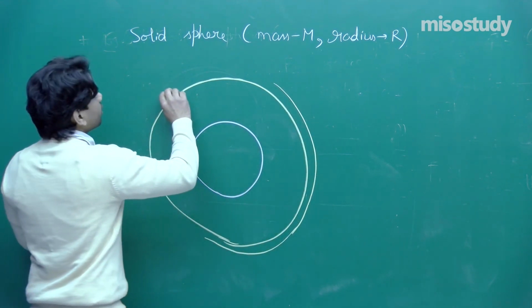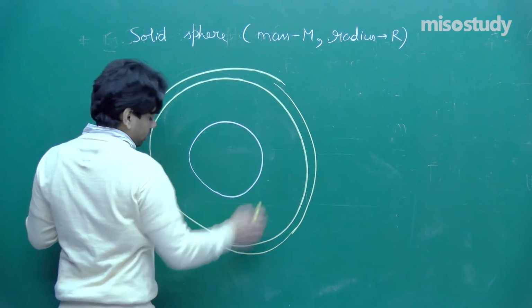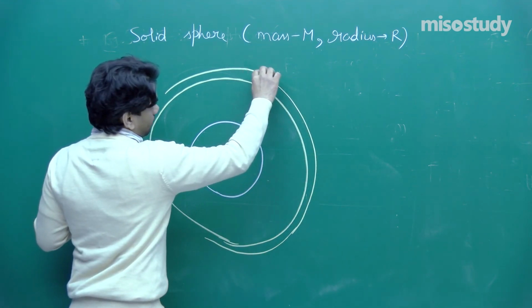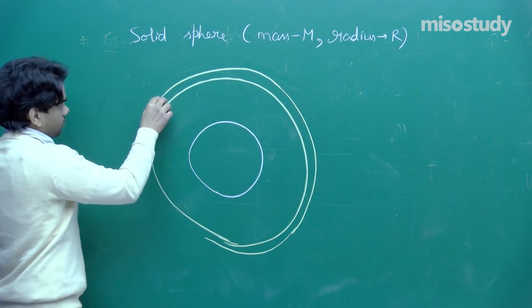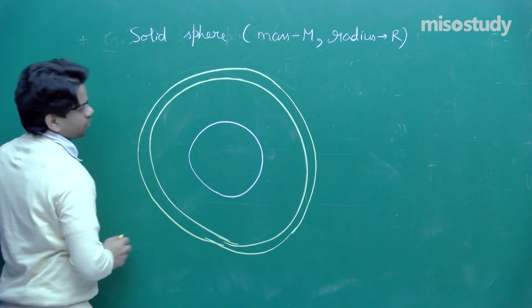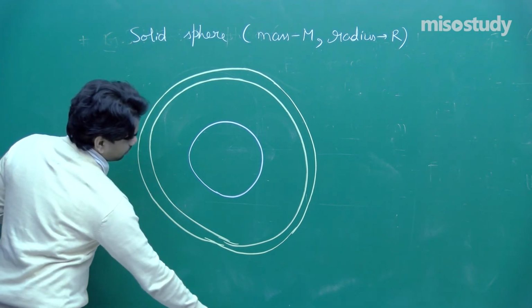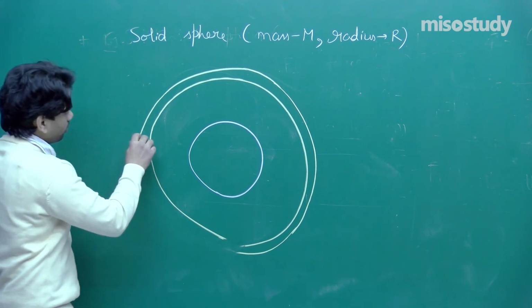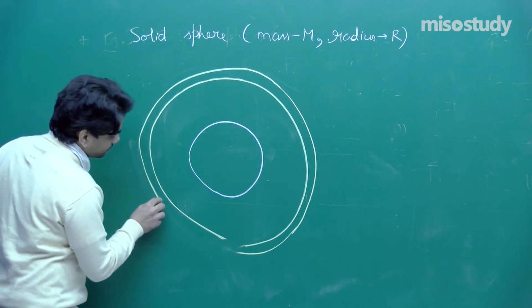We have a hollow sphere as shown here. I have drawn a hollow sphere. Although somewhere the portion looks non-uniform, try to imagine that we are talking about a hollow sphere.